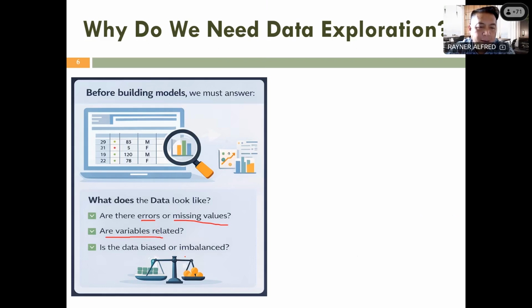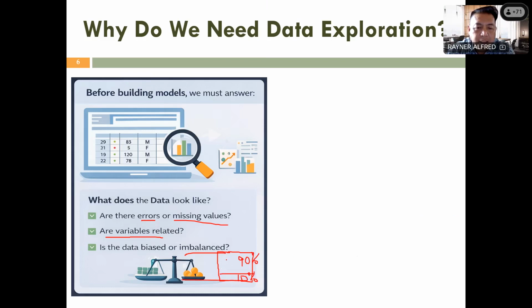So imbalance means that, for instance, you have one data set and you want to diagnose a cancer disease in which 90% of them do not have cancer and 10% of them have cancer.